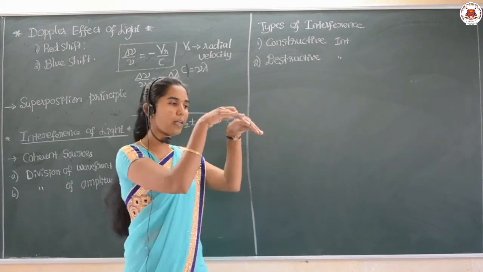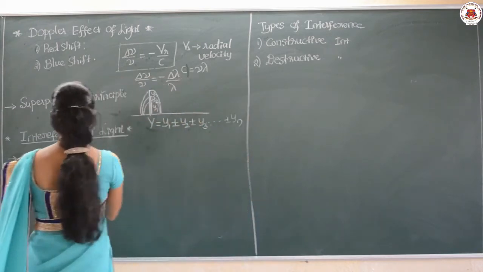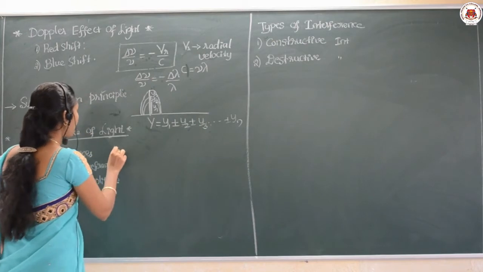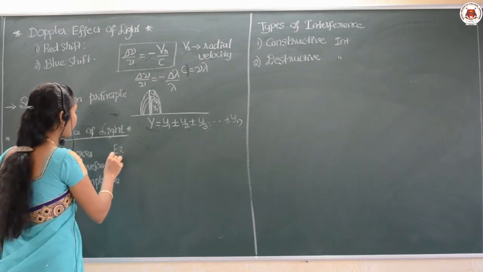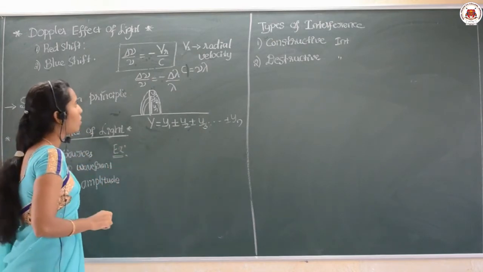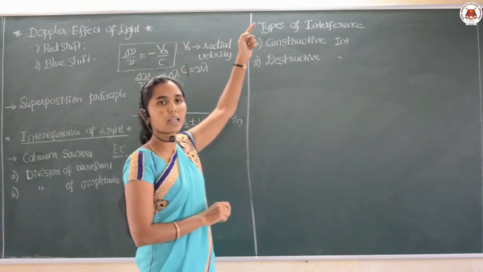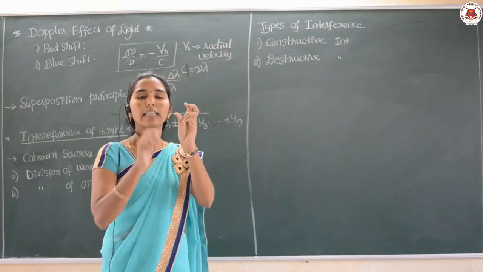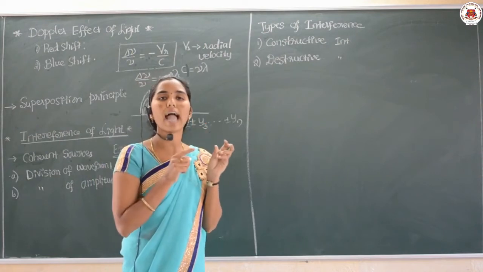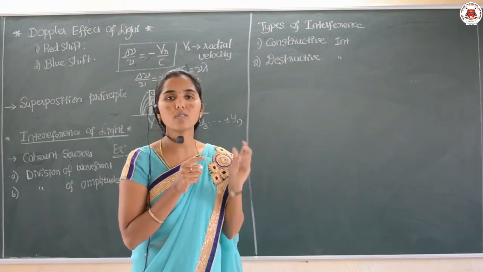If they are emitting the same phase, for example, from the coherent source, an example I can take here: the light waves which are coming from the bulb, those two separate waves act like coherent sources.